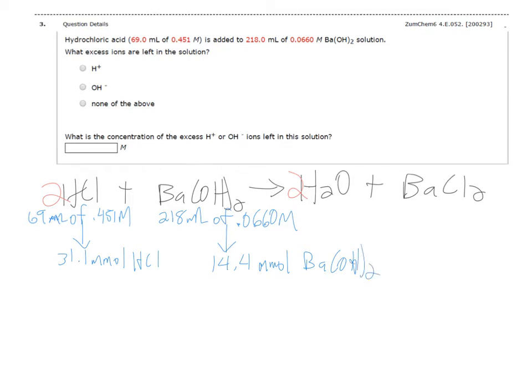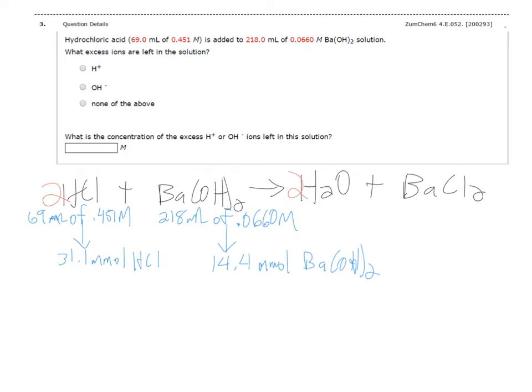Now, right off the bat, can I tell what's limiting? No, actually, in this case, I can't just say that 31.1 is bigger than 14.4 and therefore the barium hydroxide is limiting. I also have to account for the fact that there's a coefficient of 2 and an implied coefficient of 1. That means the coefficients are different.